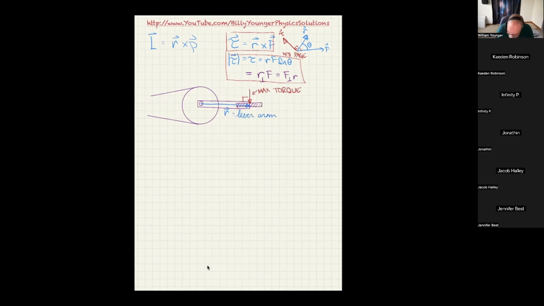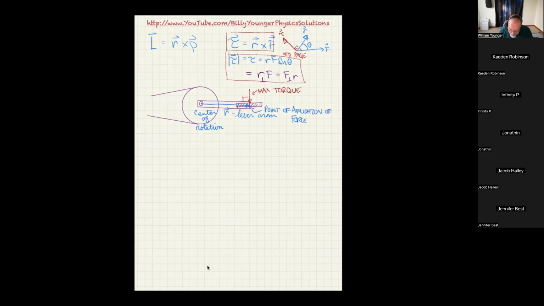And of course, you can see it does point from center of rotation to point of application of the force.